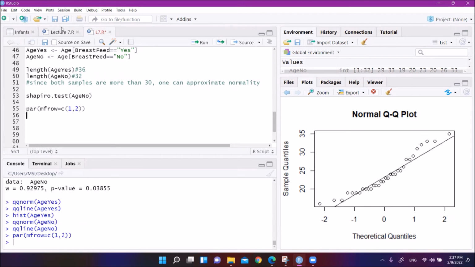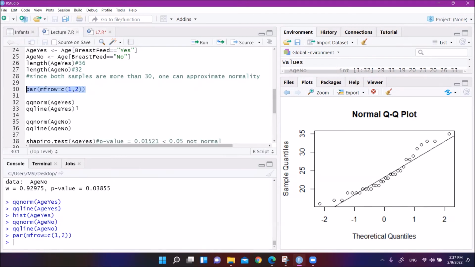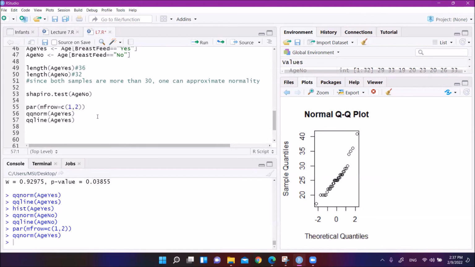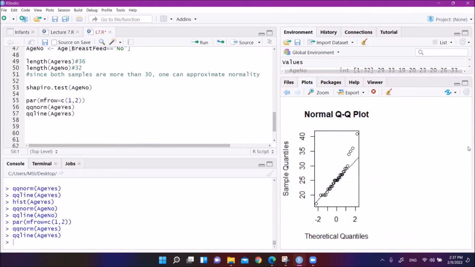And you run this one for the QQ plot of age years. Can you see the partition? This is a partition for two columns, just one row, right?